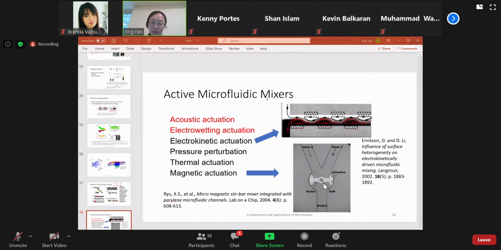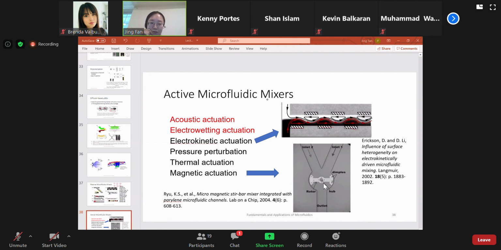Oh, okay, so in this case there's only one magnetic bar, and in some other applications they have two oppositely placed magnetic stirrers at the inlets of two different chambers, and they all respond to the external magnetic field.